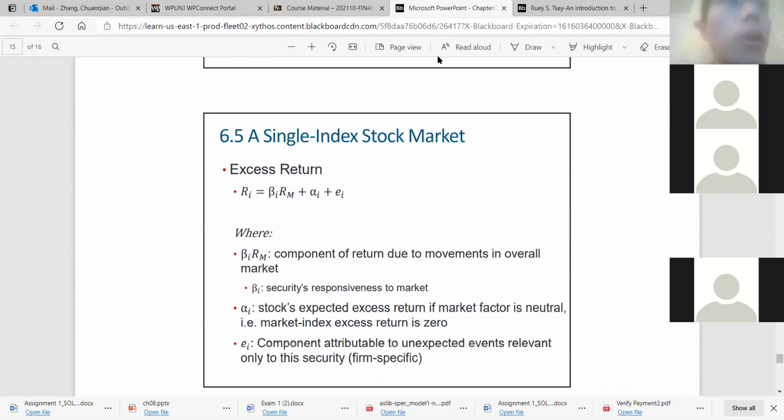Let me show you something here. In finance, when we look into a type of model, our task or target is trying to predict the returns for some specific stock. We understand it is very challenging because the stock market by itself is highly efficient.